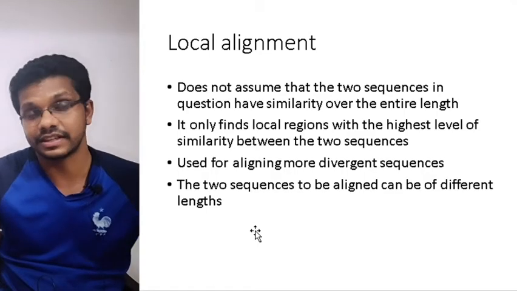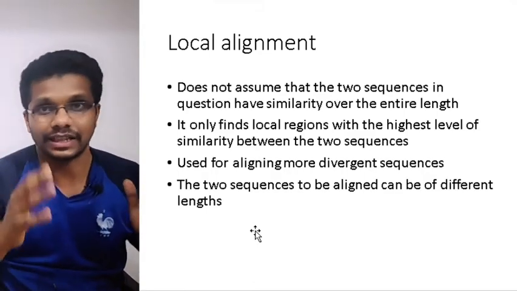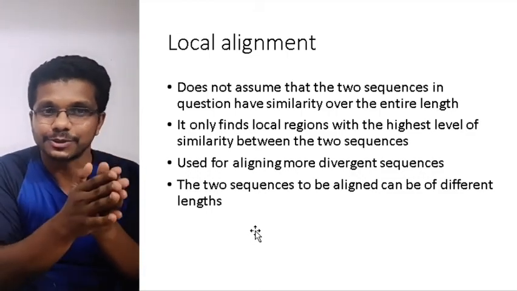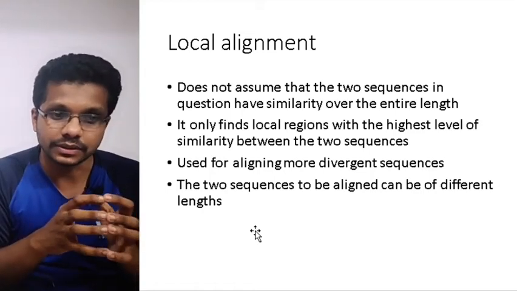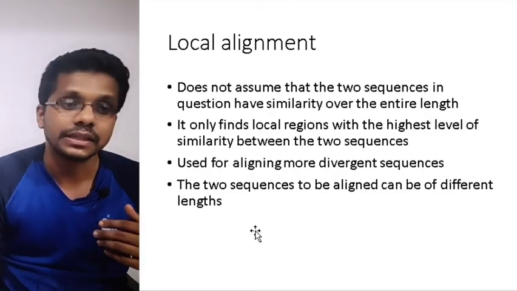If two sequences are distantly related, it is better to do a local alignment than a global alignment. If they are very similar sequences, it's better to do the global alignment, not the local alignment. It can compare sequences of two different lengths.